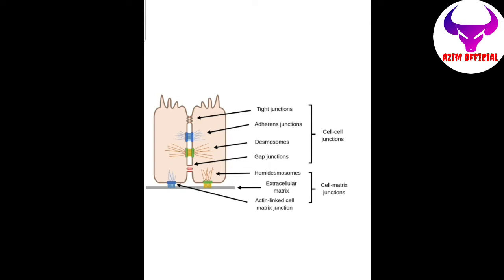Gap junction mainly does local transport. Synaptic also does local transport, and paracrine and autocrine cells also diffuse locally.